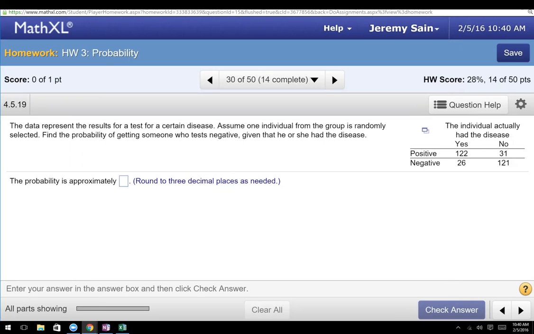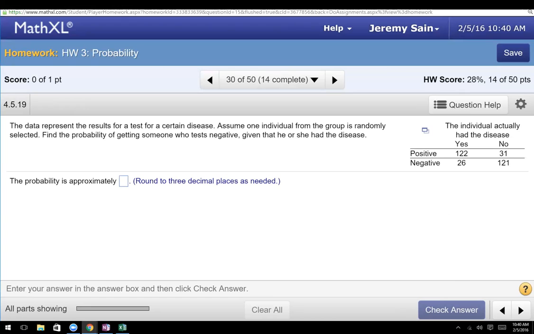Yeah, it's the 26 out of just the 26 and the 122 together. So we completely forget about the no column because we're given that the person actually has the disease. Well, 26 over 148. And I need to put it over all the people who have the disease.